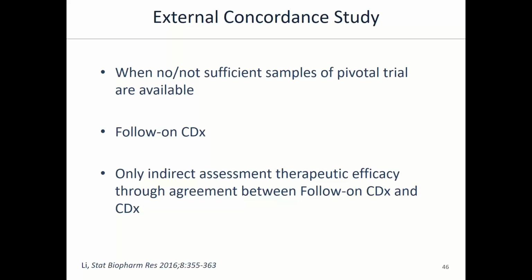And in this case, we can only do an indirect assessment of the therapeutic efficacy through agreement between this follow-on and the original companion diagnostic. Here, of course, the assumption of transportability or the external validity becomes important, and it's a very tough exercise, I think, to do.